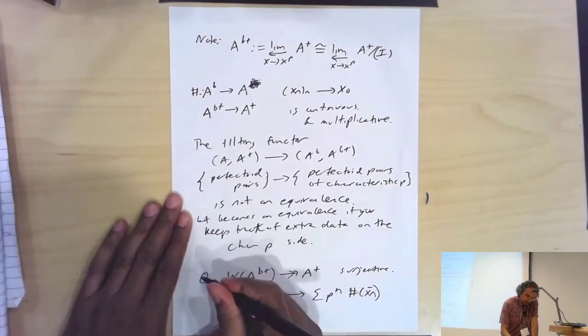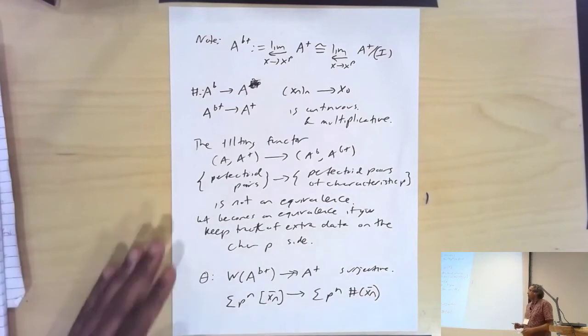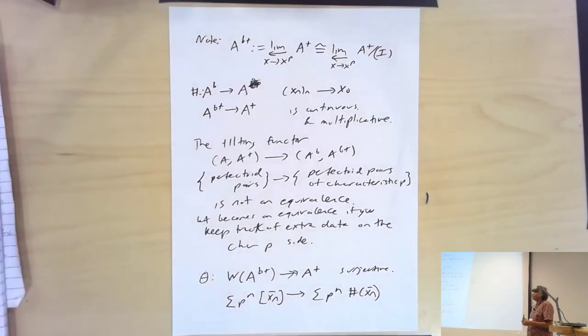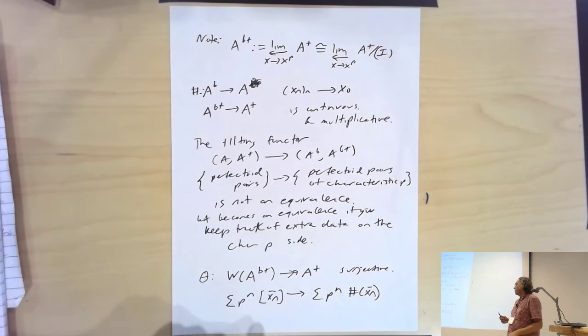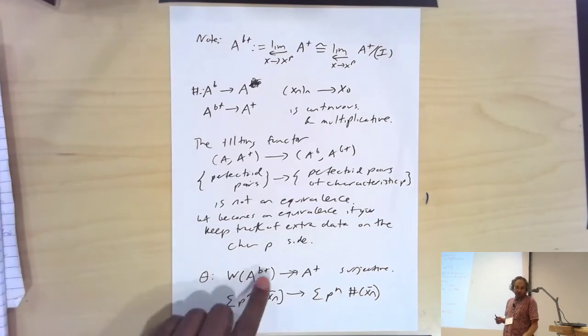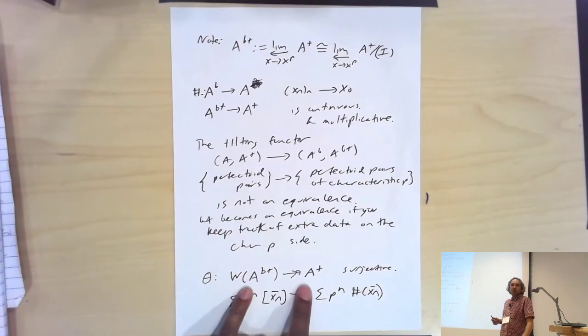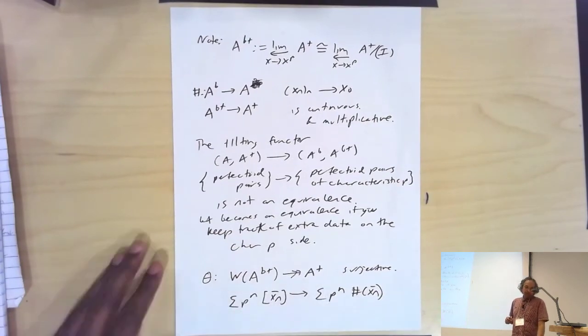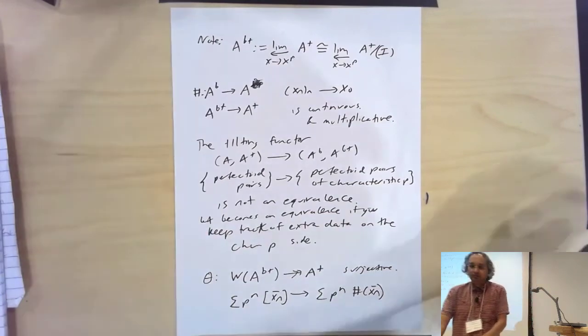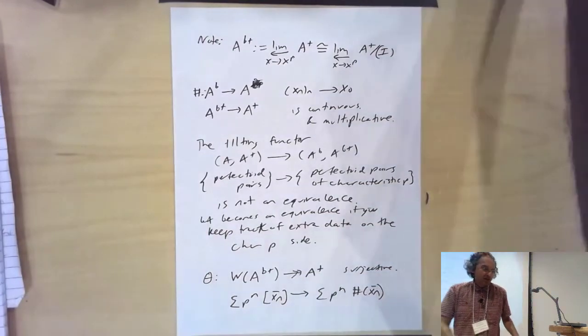And this map also has a classic name. This kind of map already appears in the work of Fontaine in the case where A is an algebraically closed perfectoid field. Fontaine called this map theta, and so we keep that terminology. And Fontaine already noticed in his context that this map is surjective, and he could say something about what the kernel is. And so those two statements will persist in this context.